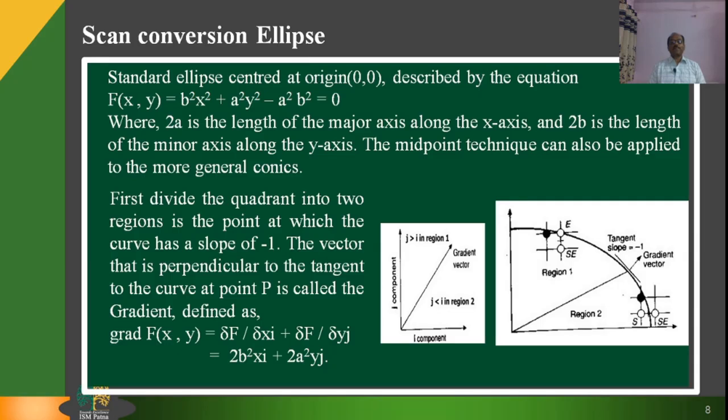The gradient is defined as ∇f(x, y) = ∂f/∂x i + ∂f/∂y j, which equals 2b²x i + 2a²y j. So, the boundary between the two regions is the point at which the slope of the curve is -1.